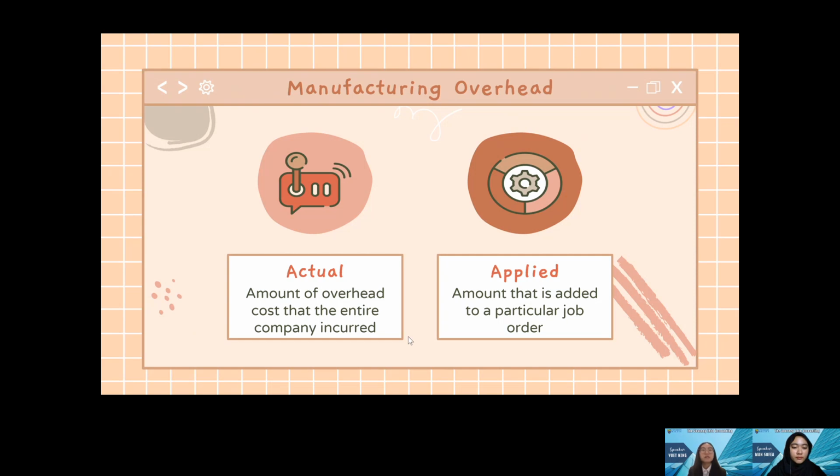It might include a various number of job orders. However, applied overhead is the amount that is added to a particular job order only when it is completed or done. This is done by using the predetermined overhead rate and actual activity base, which we explained earlier in the document flow.